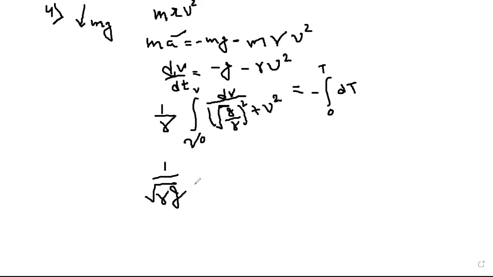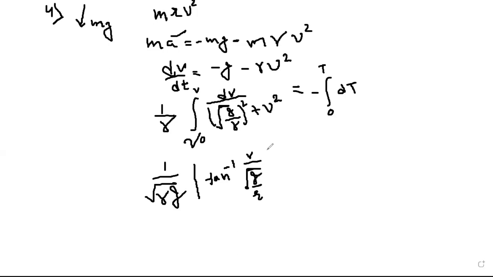So here if γ into g is given in the square root, so after integration you will find here tan inverse v upon under root g by γ.